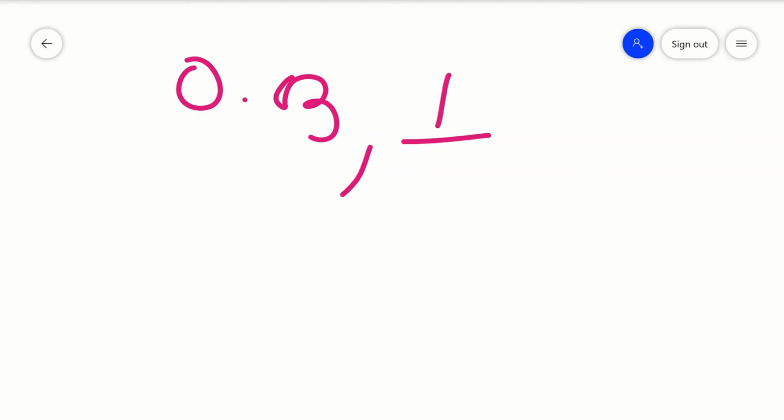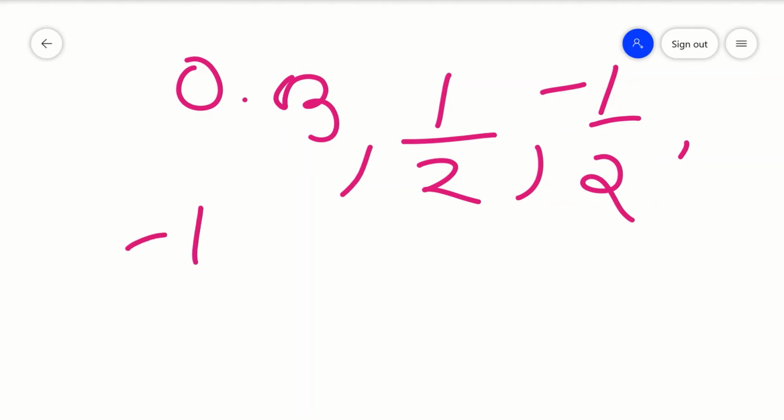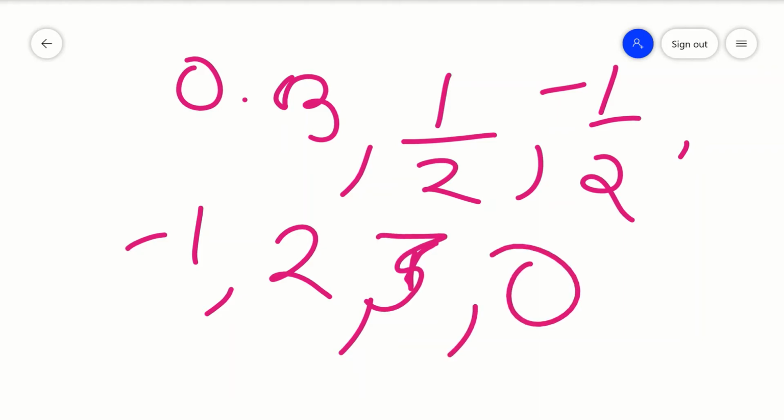So next, let's see what are rational numbers. Rational numbers include decimals, positive fractions, negative fractions, integers, whole numbers, natural numbers.